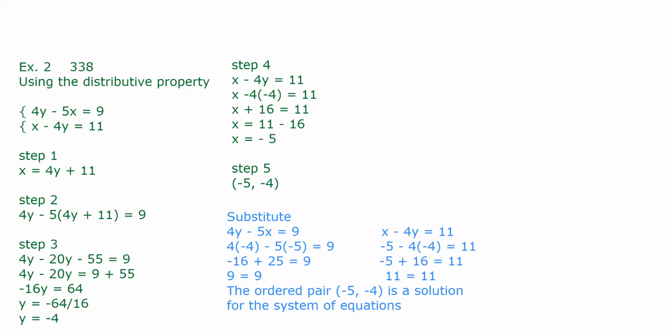The substitution is like the checking part, to check if you found the correct answer, because maybe we made a mistake. If the answer doesn't work for each part, or maybe it works in this equation but not in this one, then it's not the solution for the system of equations. Or you can check if you made a mistake in the procedure.